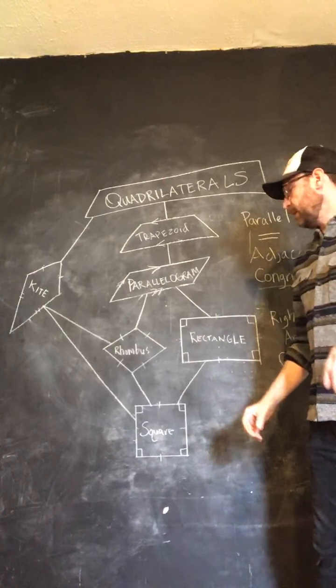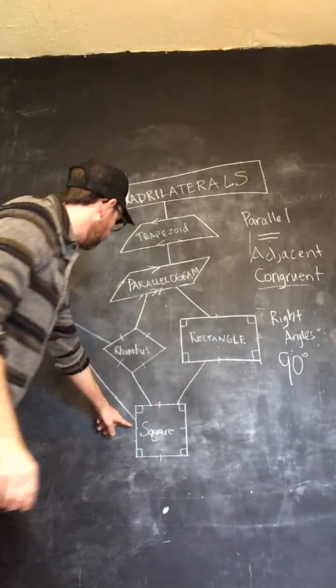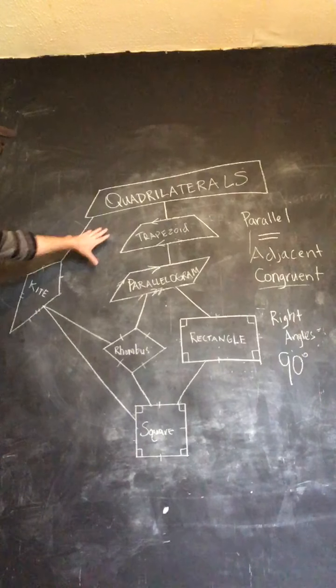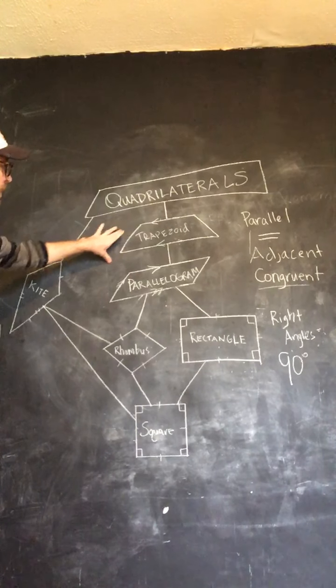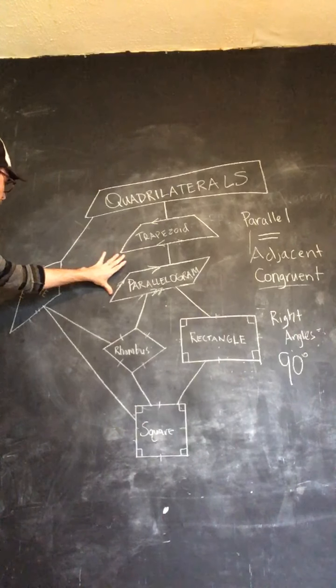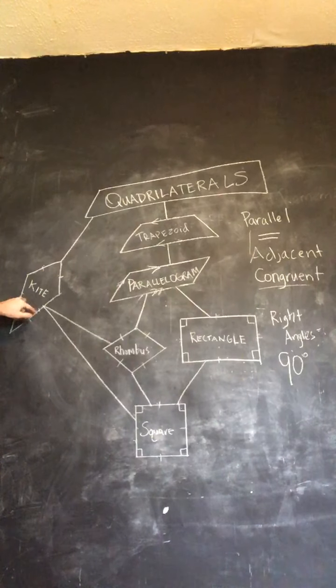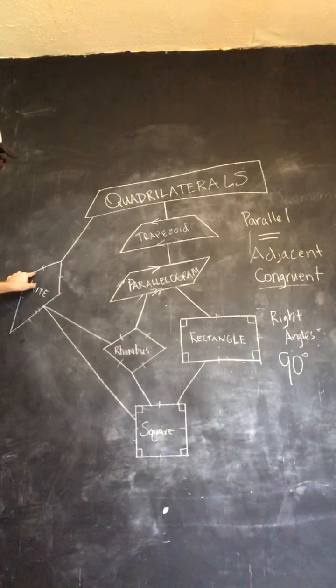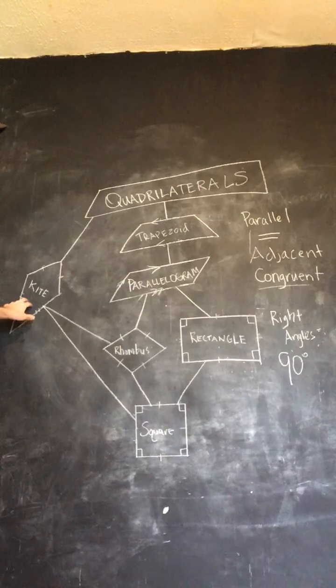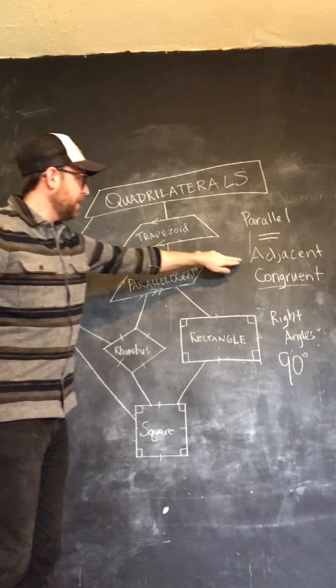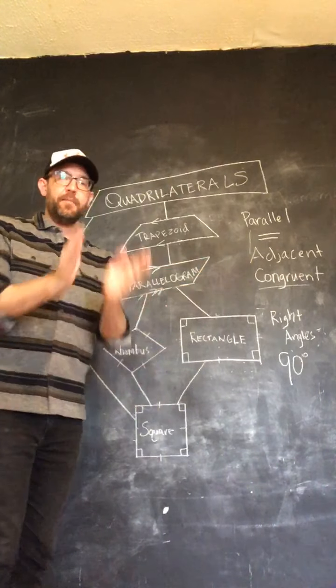Now, there's one we haven't talked about yet, so we're going to follow this line all the way up here to the kite. Now, the kite is kind of unique. The kite isn't related to trapezoids or parallelograms. What makes a kite is we still have these four sides, but the kite has two sets of adjacent sides. Adjacent means they're connected.